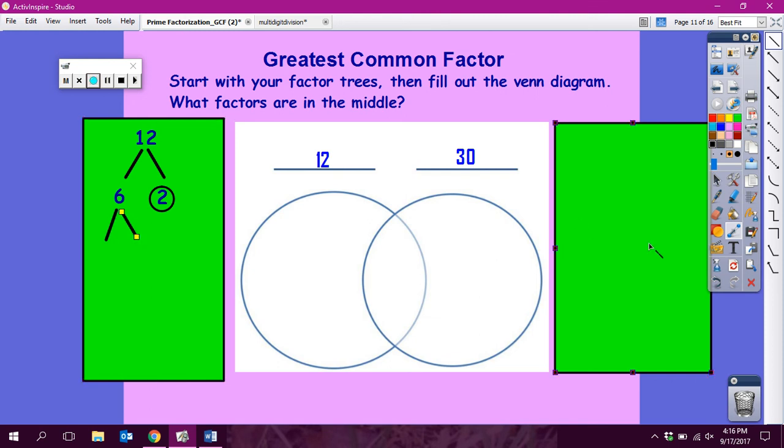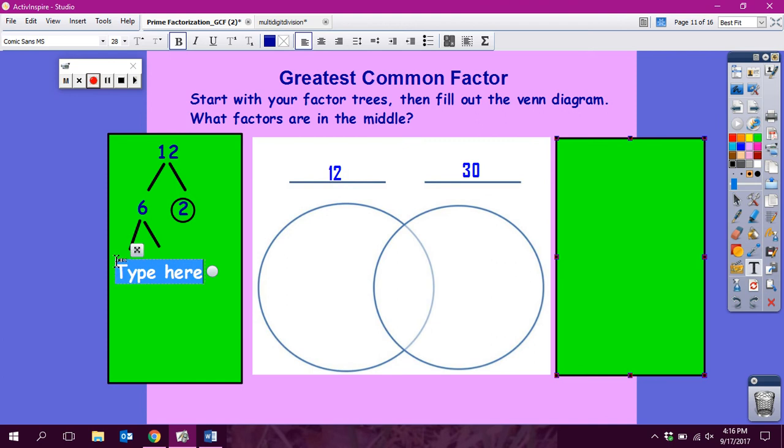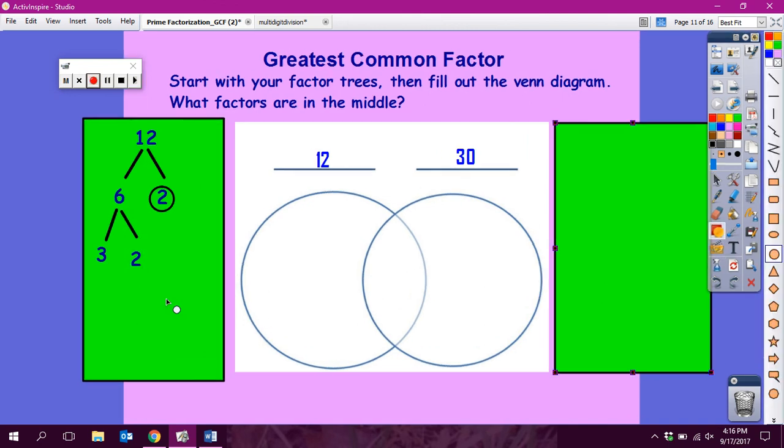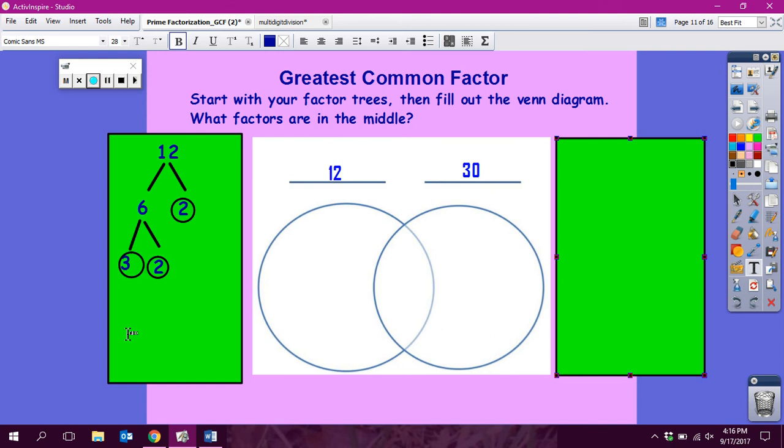That's going to give me 3 times 2, a 3 and a 2. With 3 times 2 here, those are both prime as well, so I've got to circle them. Woohoo! When I write that in expanded form, and you're going to want to write this in expanded form, that's 2 times 2 times 3.